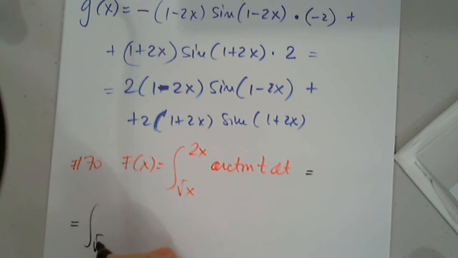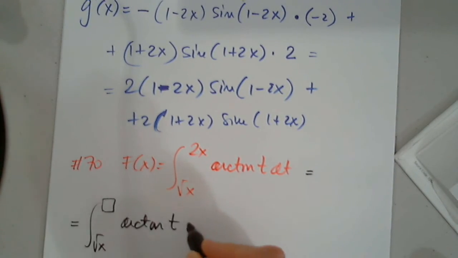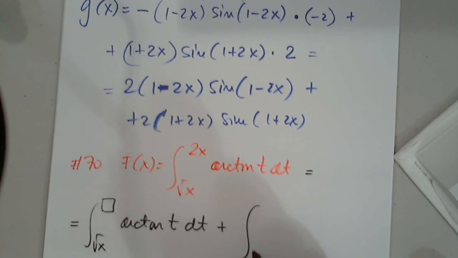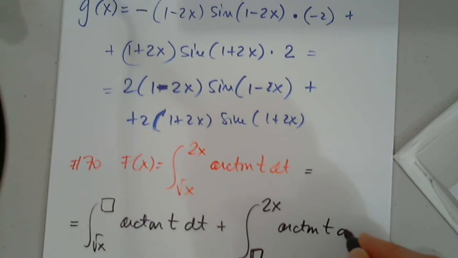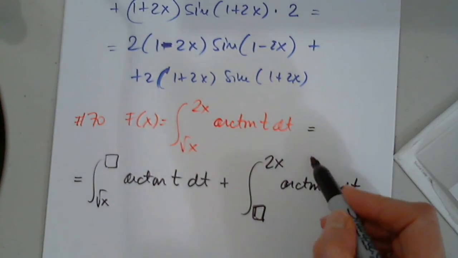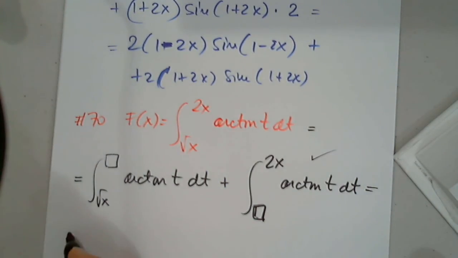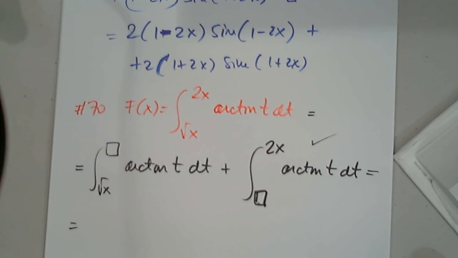Yes, so the integral from the square root of x to whatever you want of arc tangent t dt, plus, from the same number, to 2x of arc tangent t dt. This is okay, but this is not okay. One more step, using one more property of the definite integral. Very good, awesome, thank you.